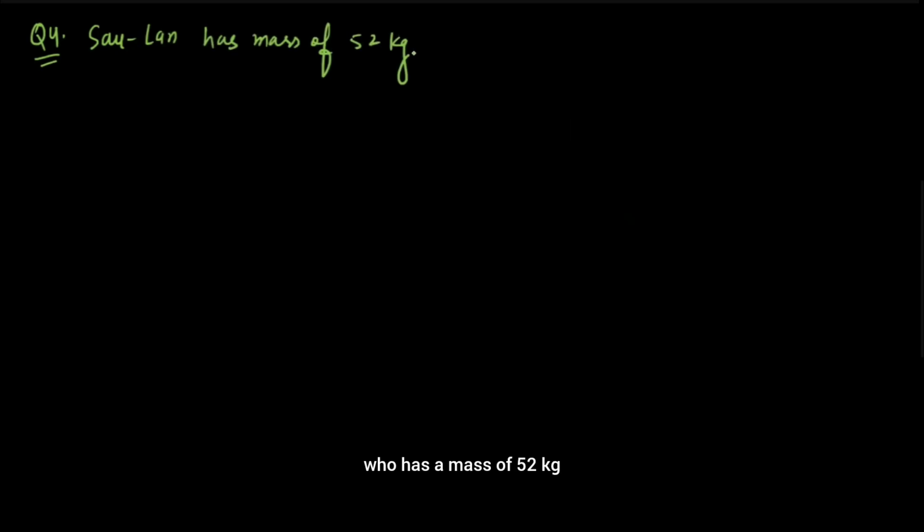Let's move to another question. The next question we have here is question number 67 from the assignment you have given. There's a person who has a mass of 52 kg.